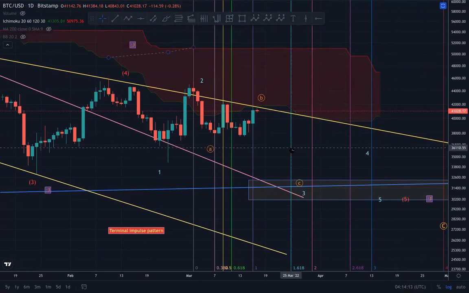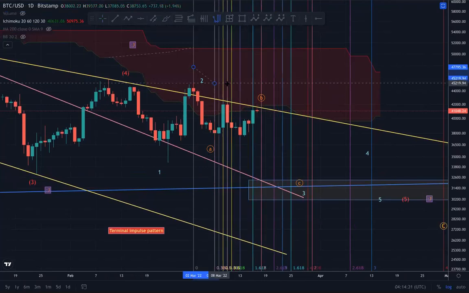Here's this 161.8 time extension when we compare the 1 and this 3 wave, and that's around the 25th of March. Then we take an extension of this A wave. Within this 3 wave, we have the ABC type of patterning, so we take the A wave and compare the C wave.